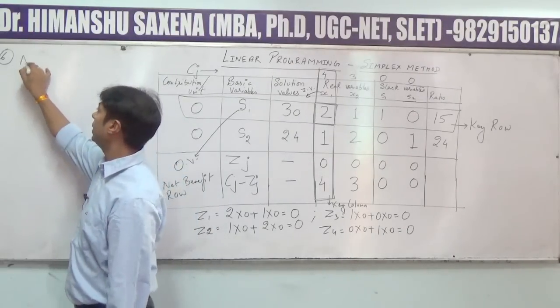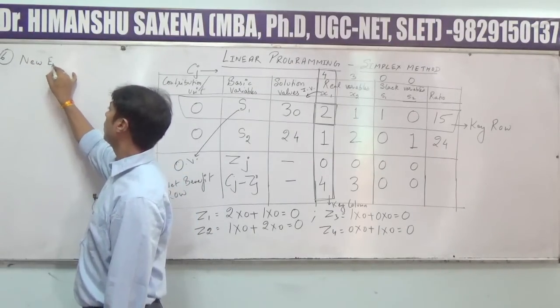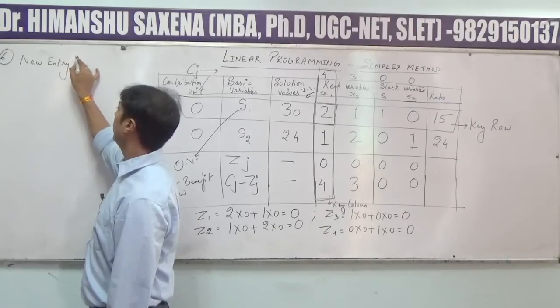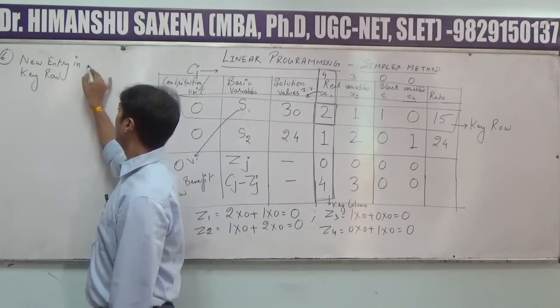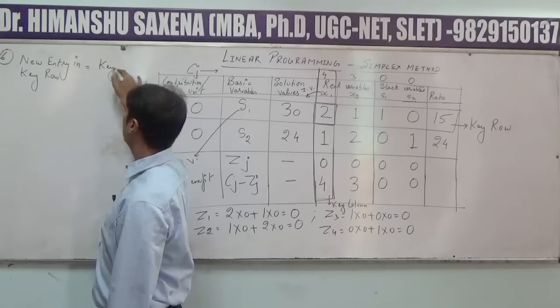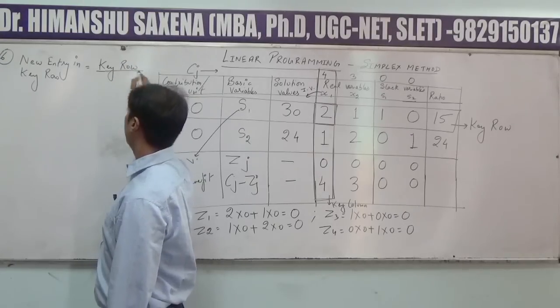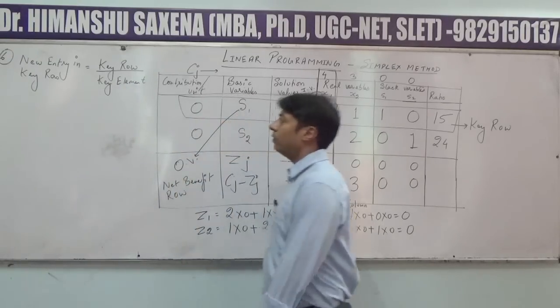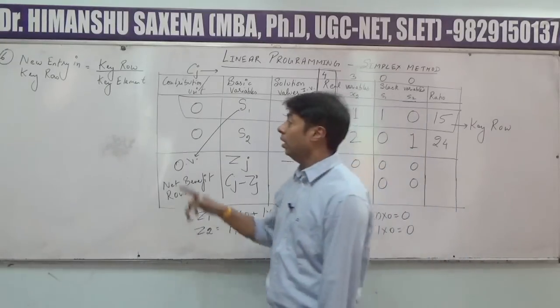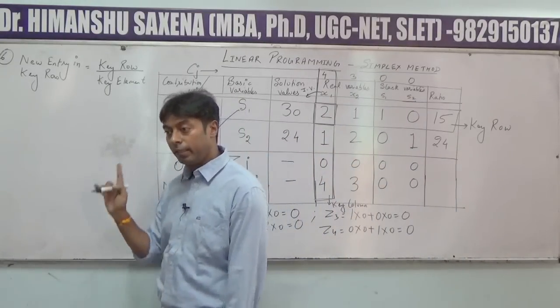So we'll make use of this formula number 6 to replace the values in the key row.